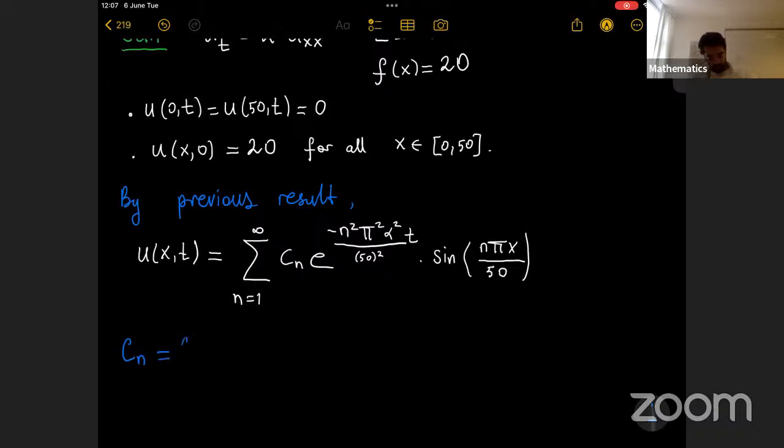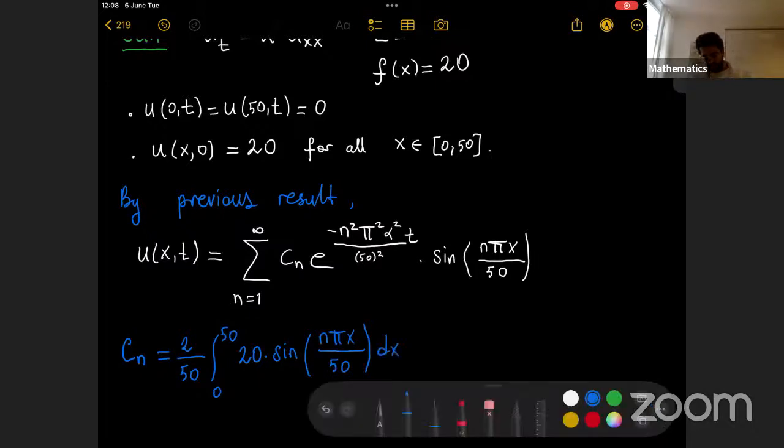It's given by 2 over L, which is 50, integral from 0 to 50 of f(x) times sine(nπx/L). So f(x) is 20 times sine(nπx/L) dx. We compute this integral.